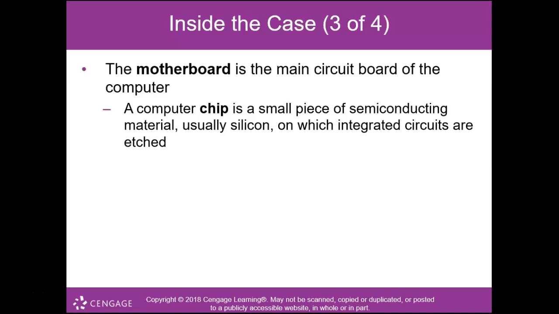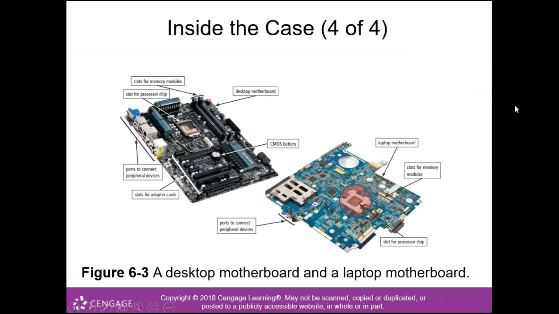And then I want to mention a transistor. A transistor can act as an electronic switch. It'll just open and close, open and close. Today, computer chips contain millions or even billions of transistors that open and close. The chips we're talking about are attached to this circuit board that we know as the motherboard.